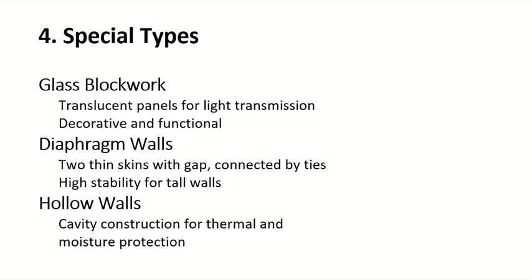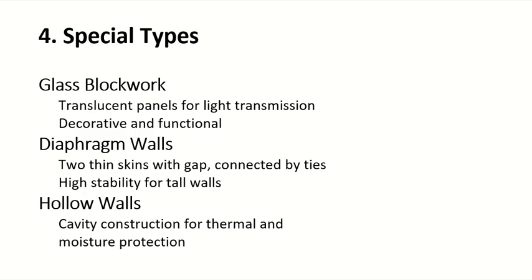And then you have diaphragm walls, which have very thin layers on both sides, and they are connected by ties. It's like this, and between them they have ties because they are very weak.